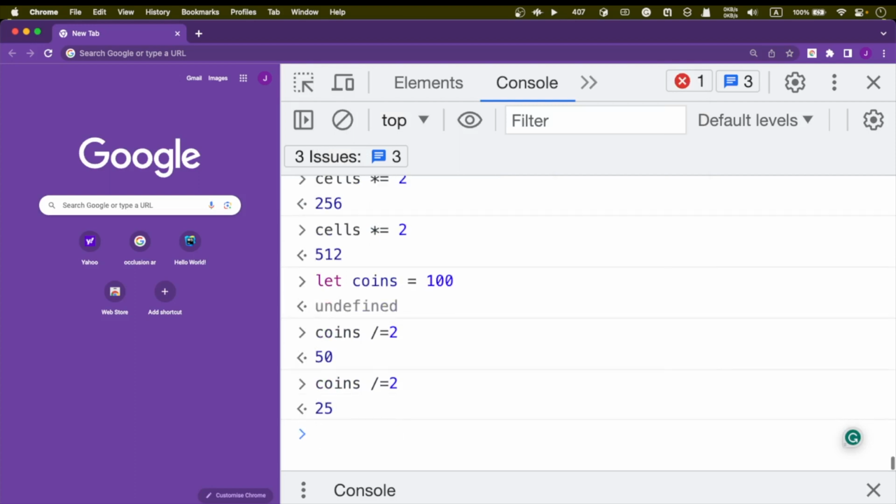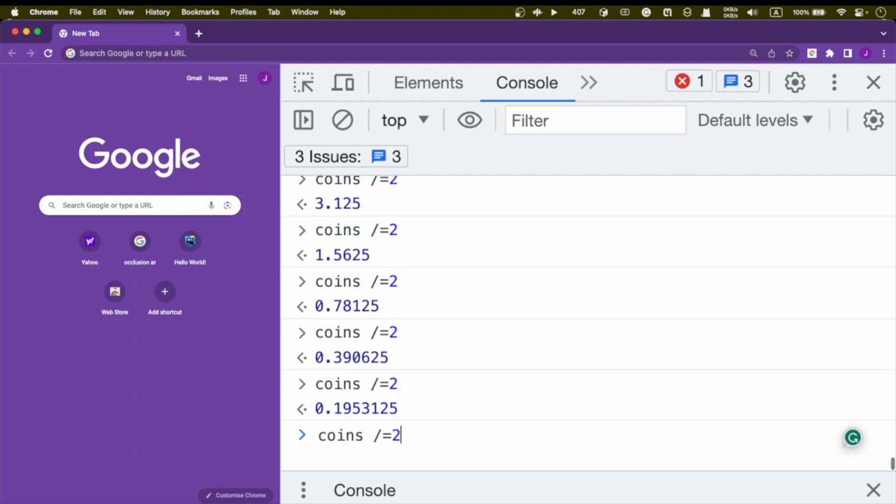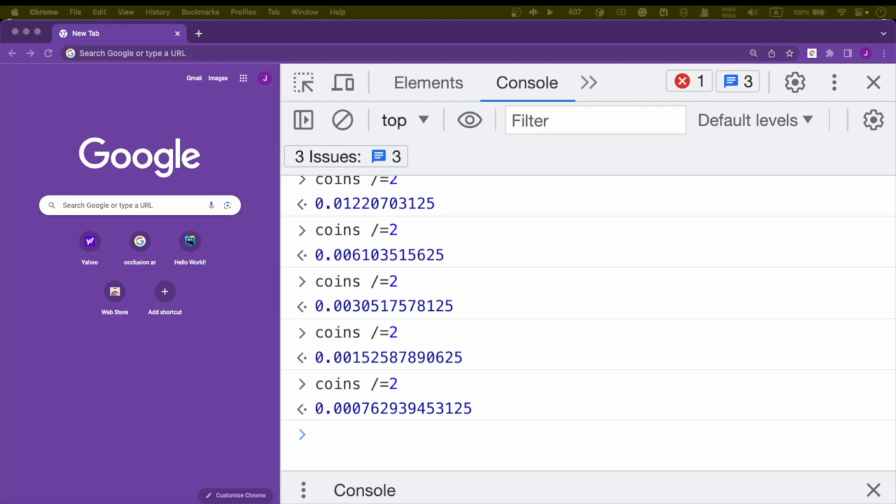So we get 50 and 25. It's like Bitcoin halving. Good stuff, and I think that's pretty much all of it for the number wrangling.